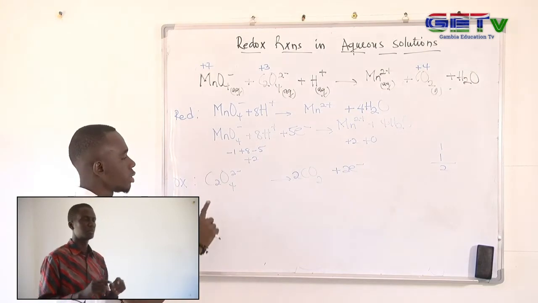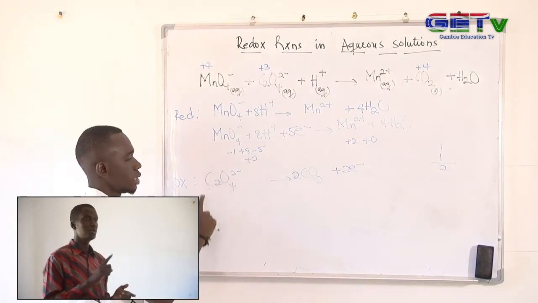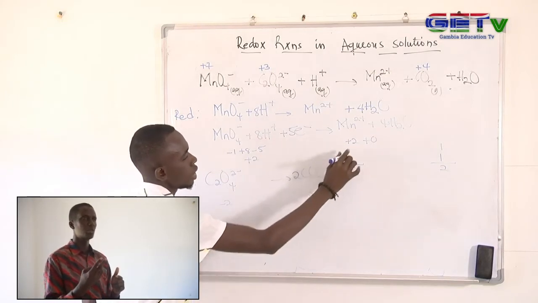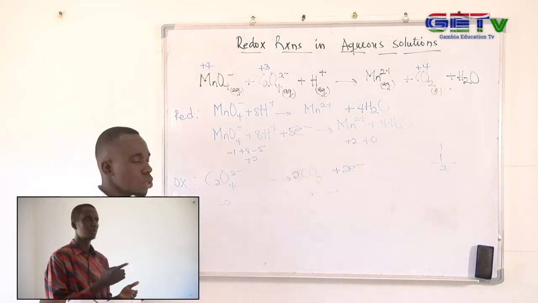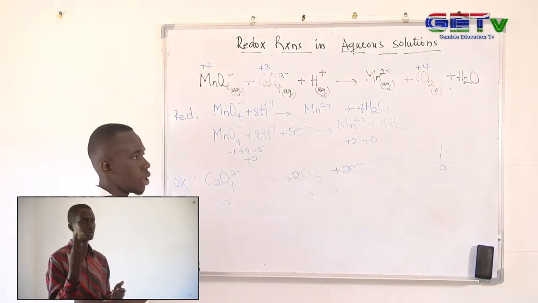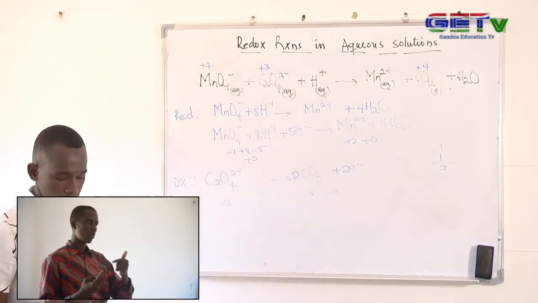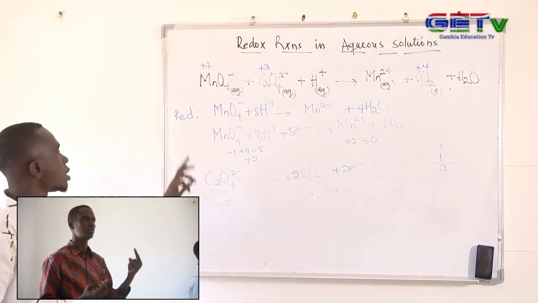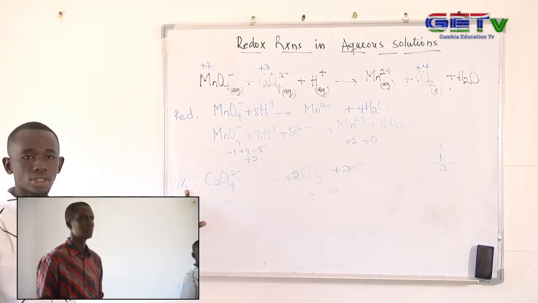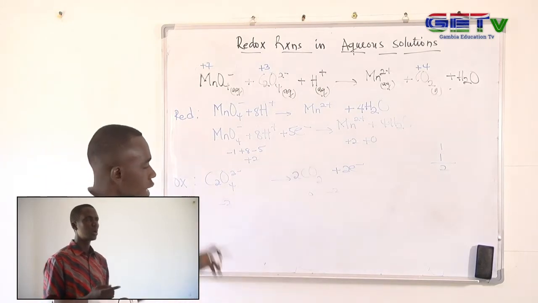At the end, we will have 1 times -2, we have -2, and this side we have 0, and here we have -2. So at the end, this side is -2, and this side also is -2. Now we have a balanced reduction and also a balanced oxidation half reaction.